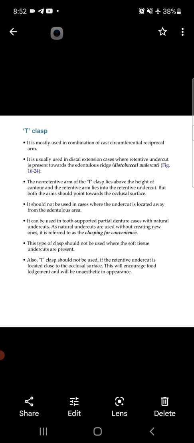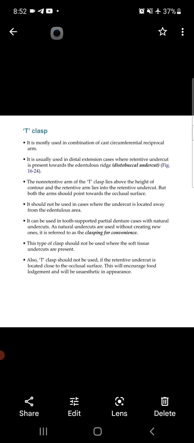This is referred to as clasping by convenience. That means the natural undercut is already present, and we do not need to produce a new undercut. There is a convenience to place the clasp.